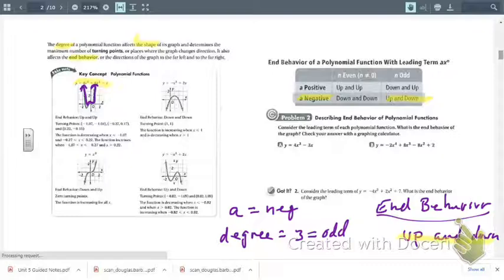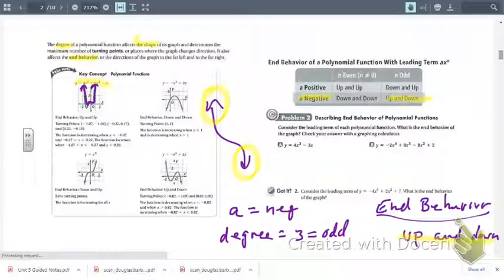So if we were to sketch this, we know because it's a degree 3, it looks like a snake. But that's if it's positive. So if your A is negative, it's flipped. So notice how it starts up and ends down. So that's the effect of your A being negative.